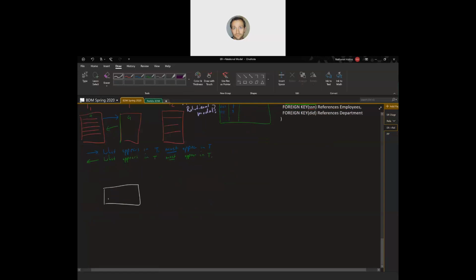We have the same employees: social security number, lot, and name. We have a policy and dependents.